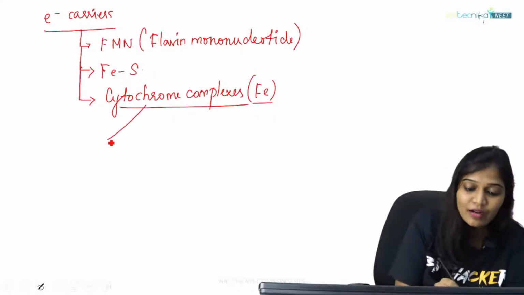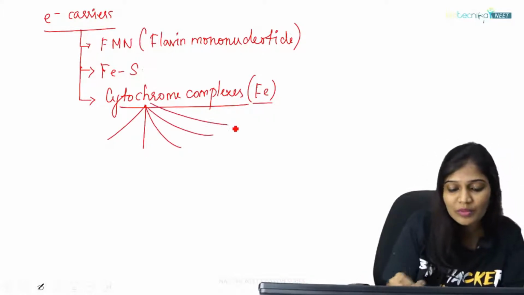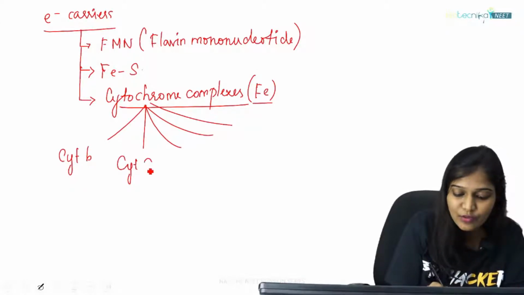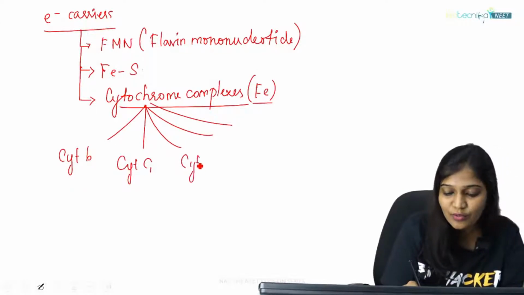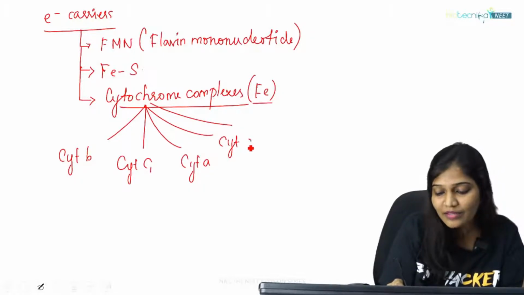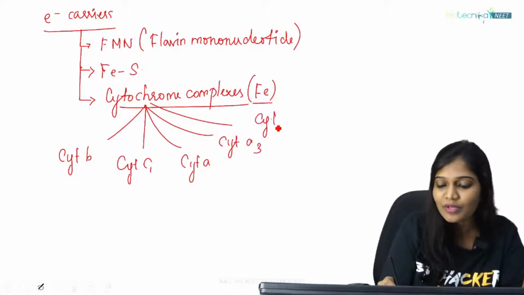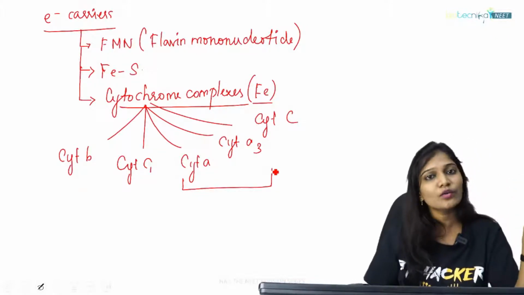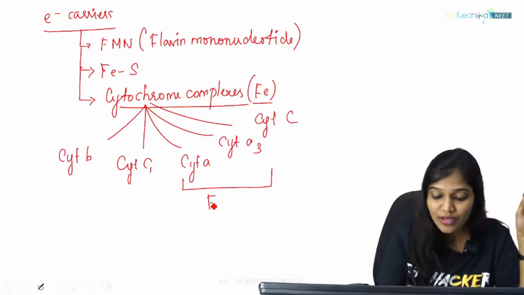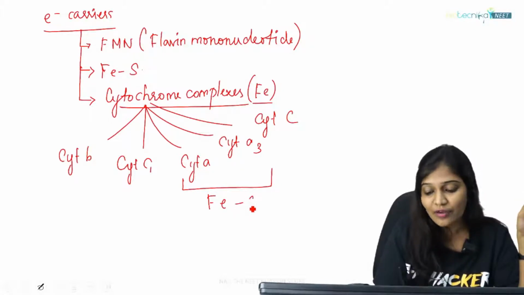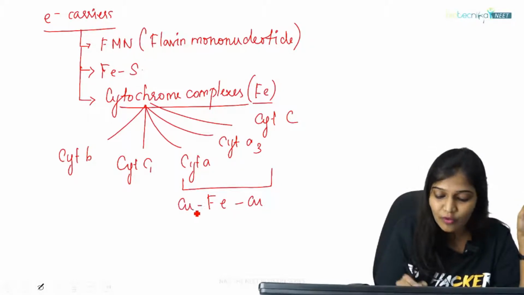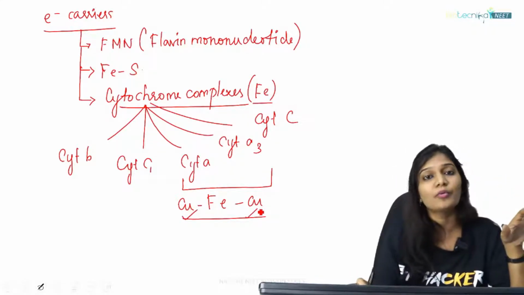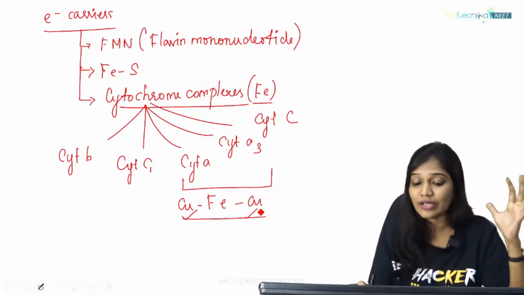There are different types of cytochromes which we will be seeing: cytochrome B, cytochrome C1, cytochrome A and cytochrome A3, and then cytochrome C. All the cytochromes have iron. With that, cytochromes A and A3 also have copper. In our book, they have written that they are coupled with two copper molecules attached to it.